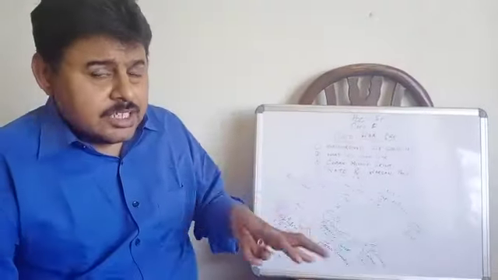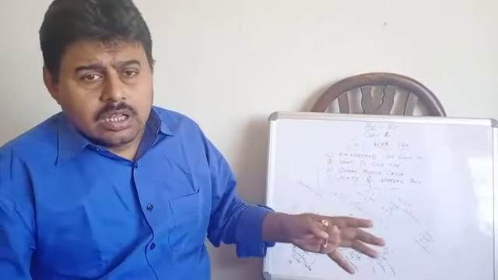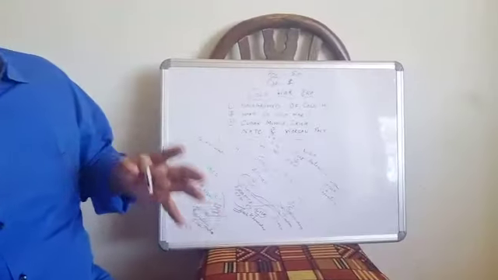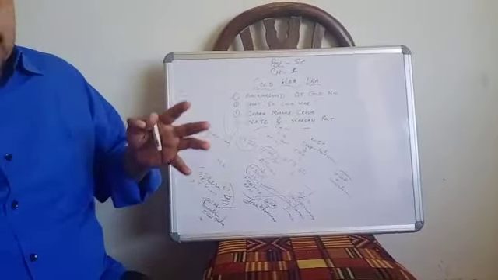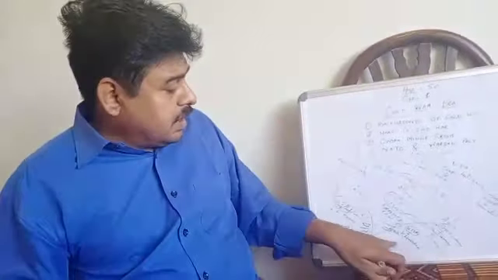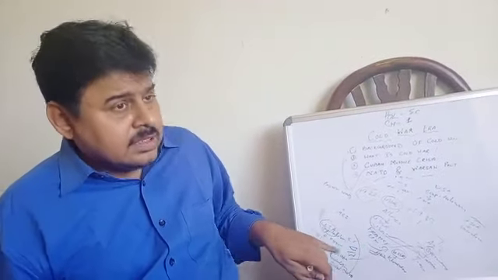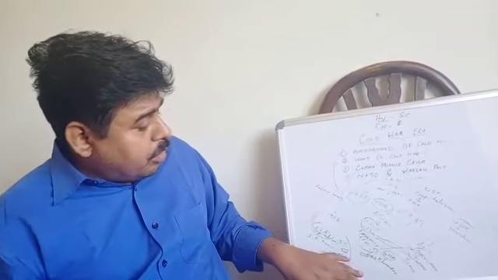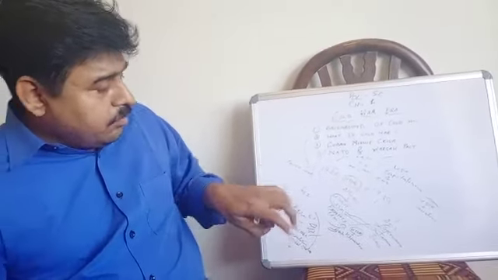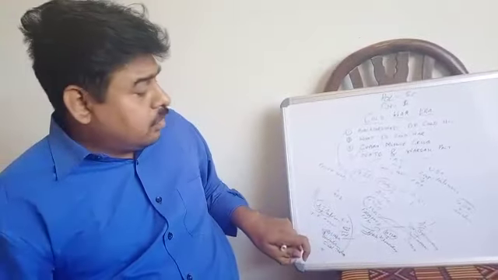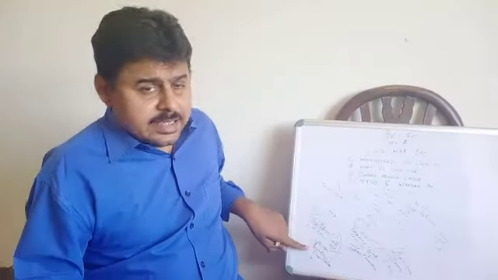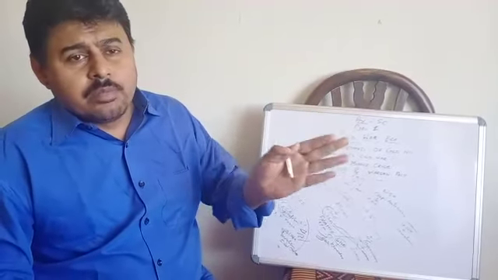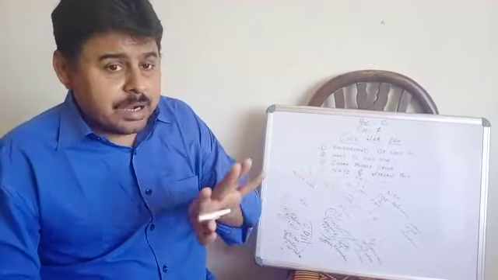Because of this situation, the total world was in tension that at any moment the world war could take place. But it was the good sense of these two presidents that they tried to solve this problem on the table, and ultimately this problem was over. This was a very important situation in the world, the Cuban Missile Crisis, and fortunately it did not take the form of the Third World War. So that was part of Cold War.